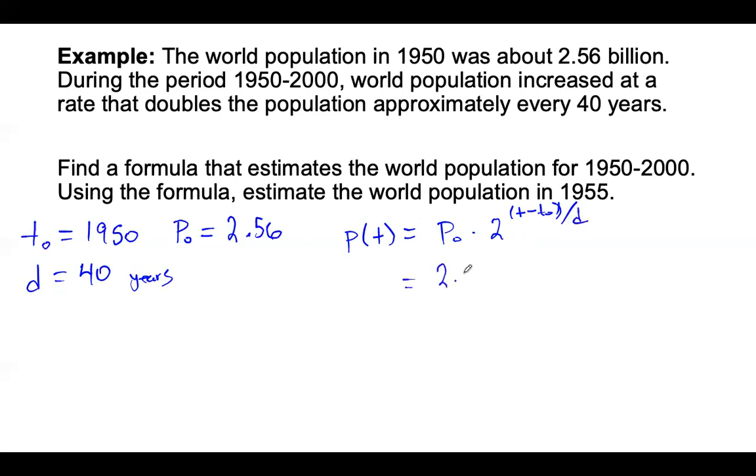So it's 2.56 times 2 to the exponent T minus 1950 divided by 40. And the years match. So that is essentially how we found our formula.